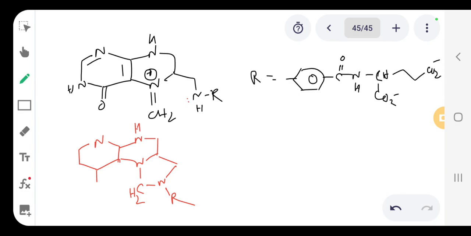And what will be here? Here will be the same double bond O, the same NH and the NH2. Here also there was NH2. Okay, so this is the second structure.